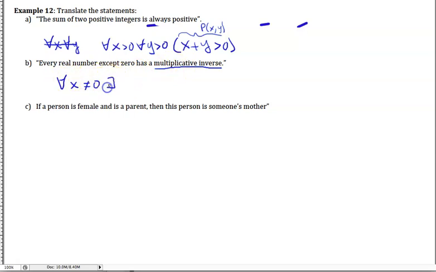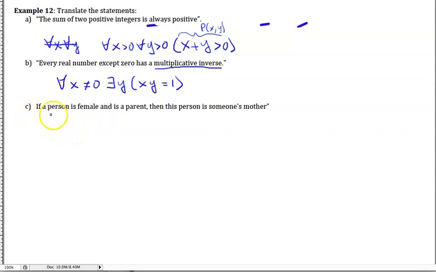So there's going to exist a y such that x times y equals 1, right? So for all x not equal to 0, you're going to have another value. There exists a y, and these are the multiplicative inverses, the reciprocal. If you multiply them together, then you're going to get 1.